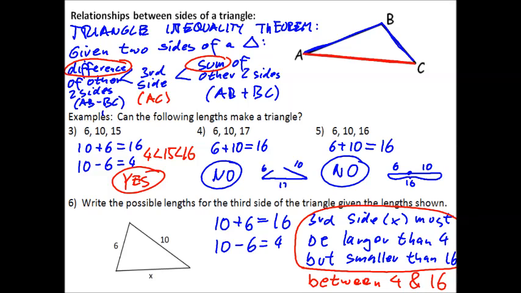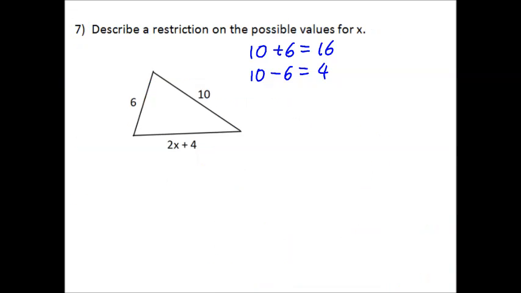An algebraic way of writing this would also have been to say 4 is less than x is less than 16. So let's use this and start our work based on this over here.